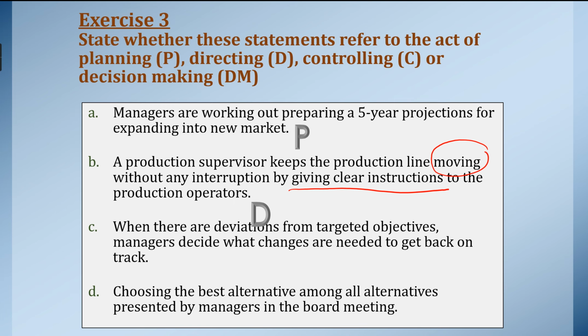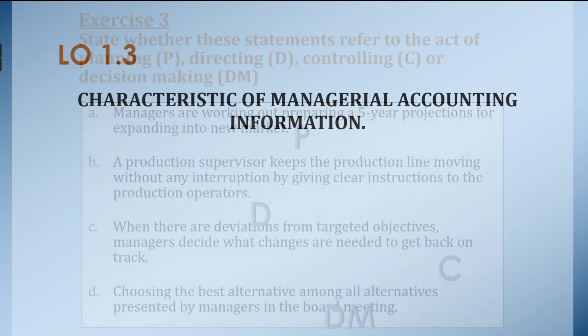Okay, follow balik apa yang dah dirancang dari awal. So yang itu kita panggil sebagai control. Okay, controlling. Alright, and then D, we are choosing the best alternative. Okay, so choosing the best alternative will be your decision making. Okay, so that is for exercise 3.